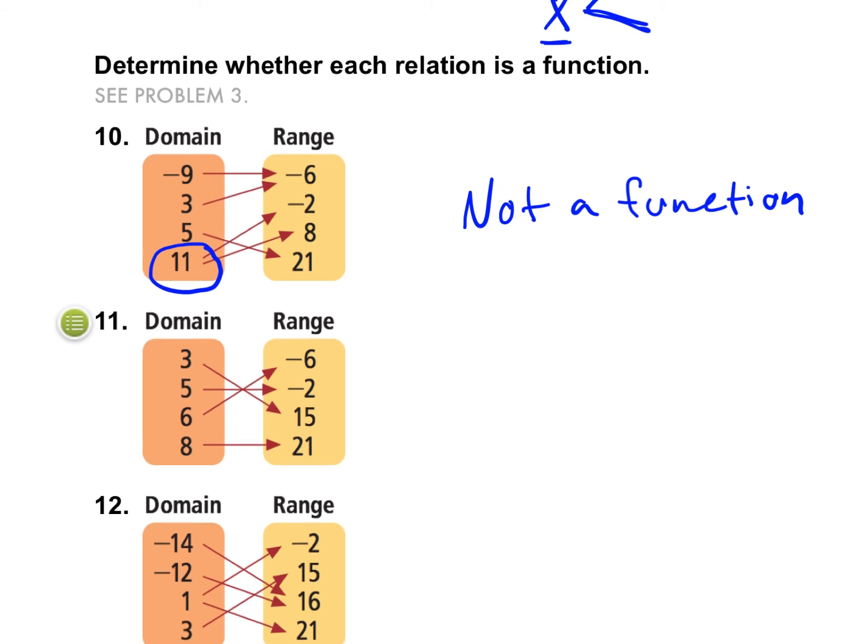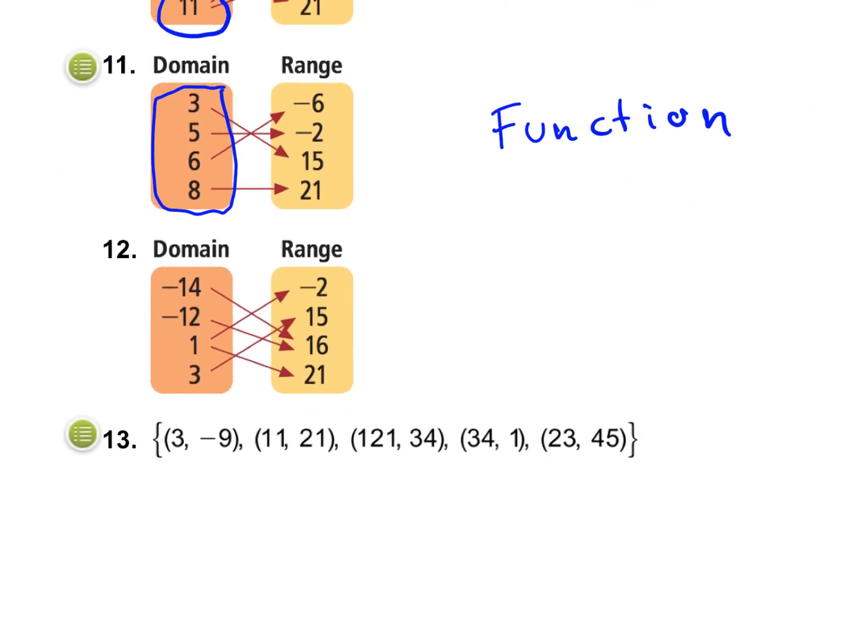For 11, looking at my x's, I don't have 2 arrows coming out of one number, so this would be a function. 12, I have 2 arrows coming out of 1 here, so this would be not a function.